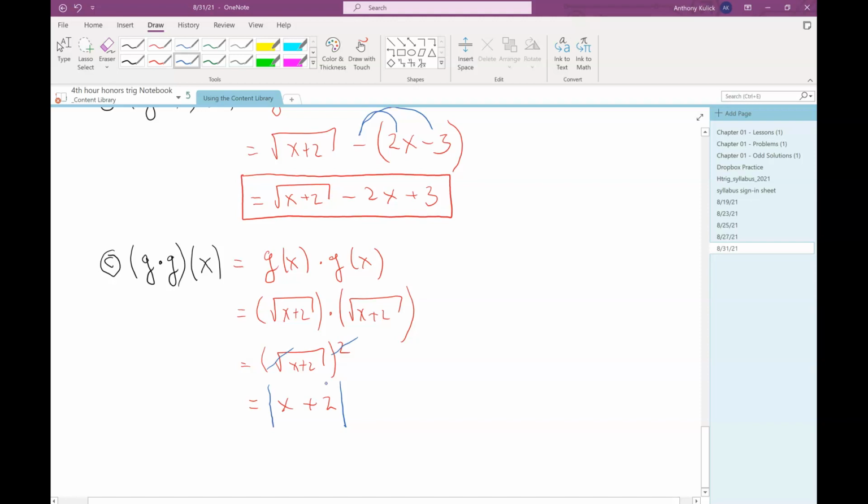Now, in this case, you don't really need that there, because the x plus 2 is also underneath the radical. So you know that it also can't be negative if the x plus 2 is under the radical. So we don't really need that there, but technically speaking, when you square something and then square root it like that, or vice versa, you end up with a positive result. But that was okay.